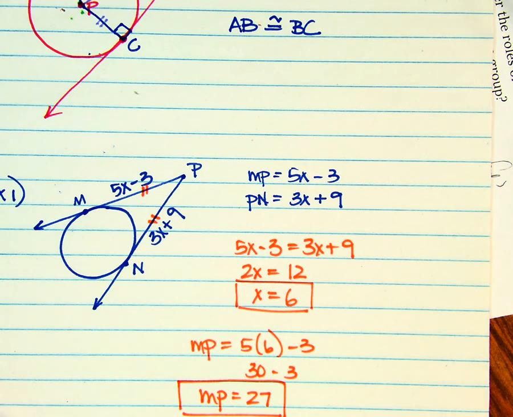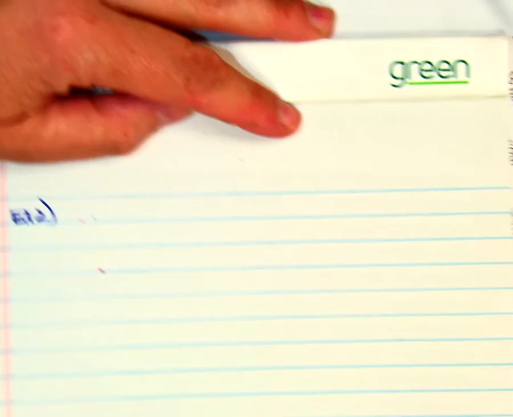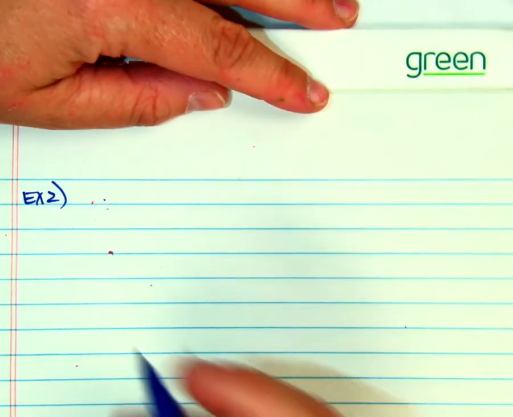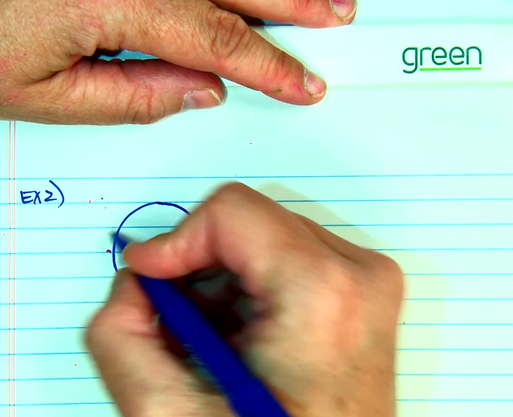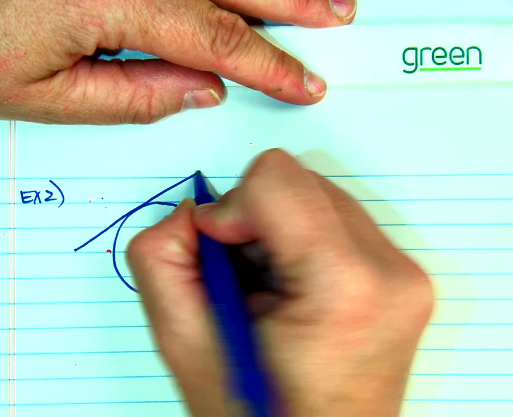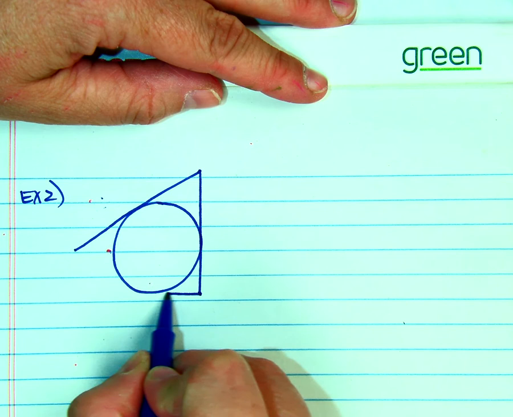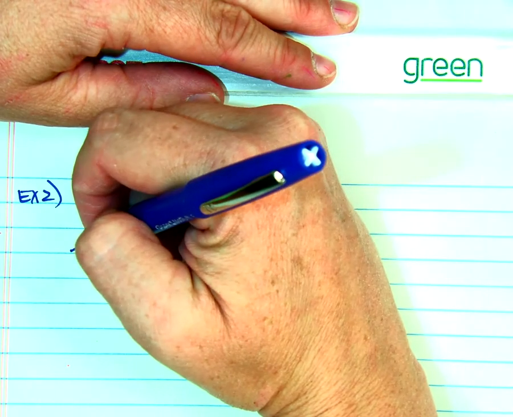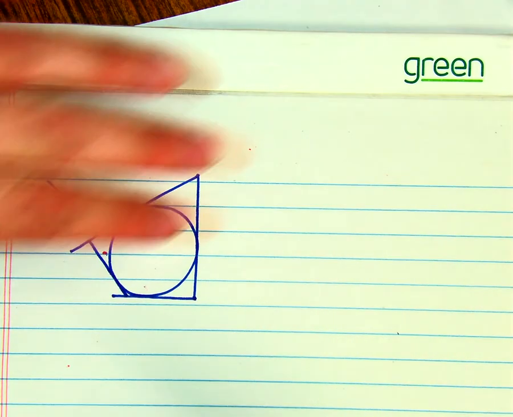Okay, so let's do one more. In this example 2. Okay, so I want you to find the perimeter. I'm going to use a little whiteout pen because I went a little bit too far.